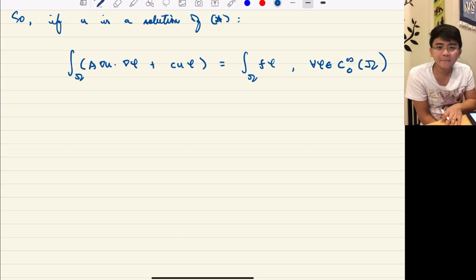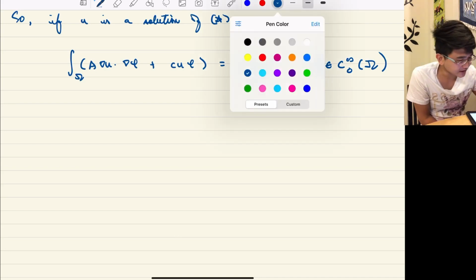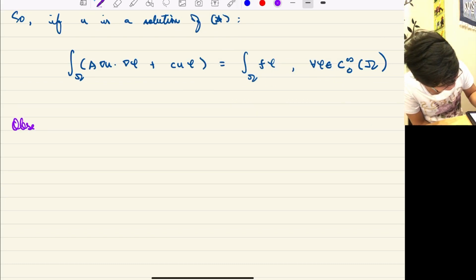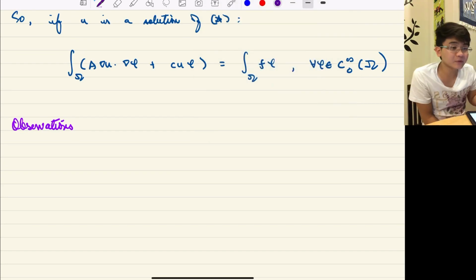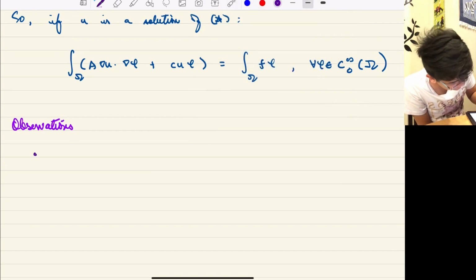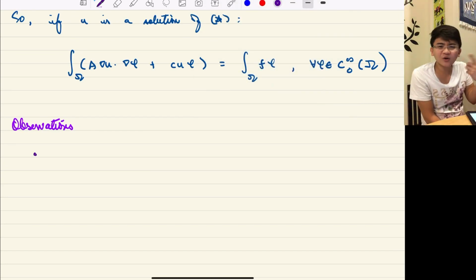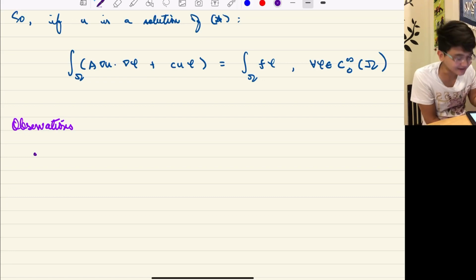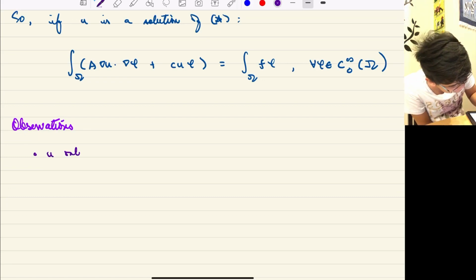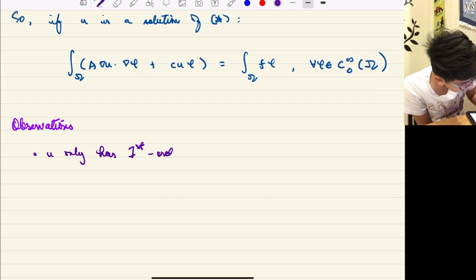Okay, so let's note some observations here. Let's use purple. So the first observation is for the equation. Let's look at the equation itself. So u only has first order derivatives appearing.